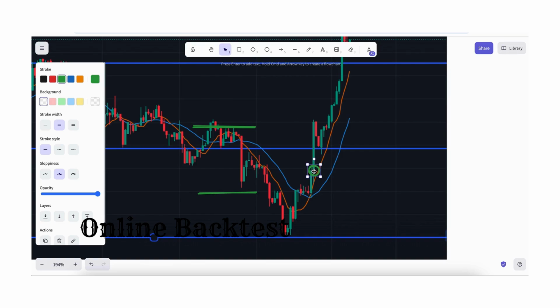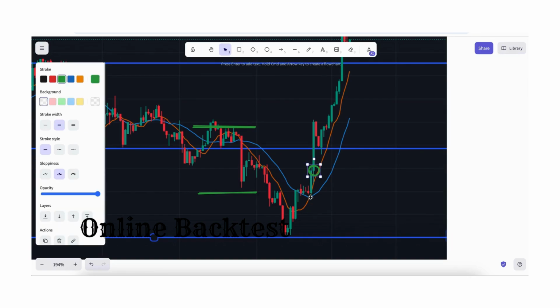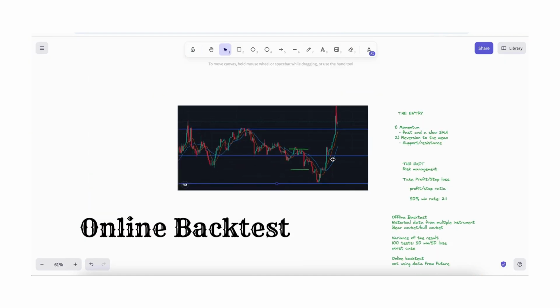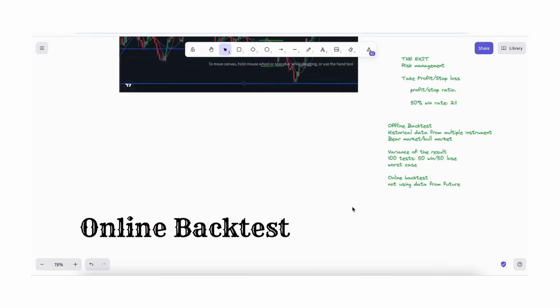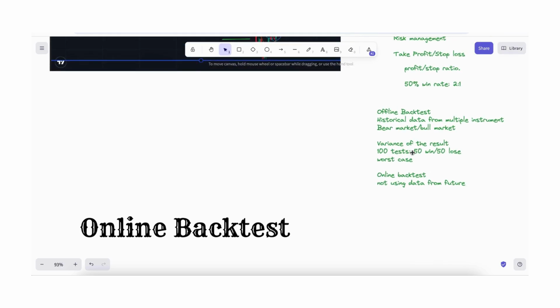That makes your trade much less attractive than it seemed when we took the trade here. So if you made that mistake in your offline backtest, you can correct that mistake in your online backtest. Then you can know that there is a reason why your offline backtest did not work. So that's the online backtest.